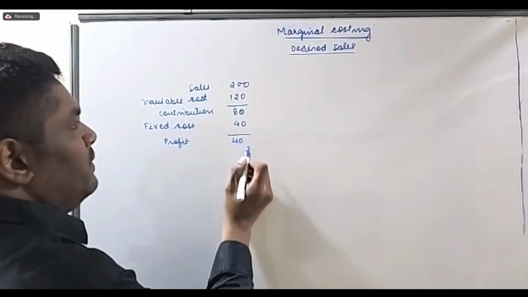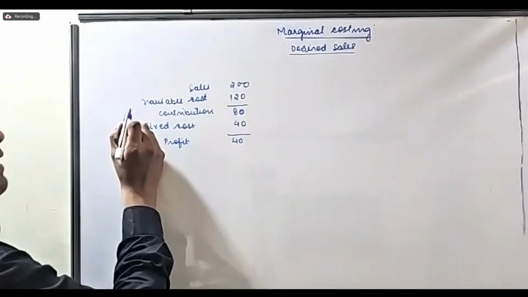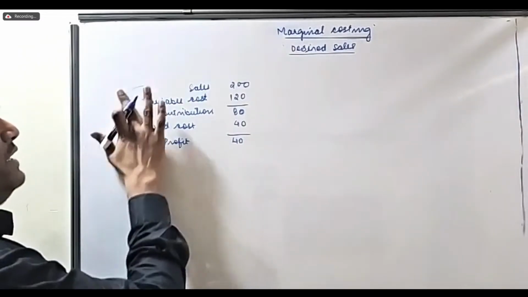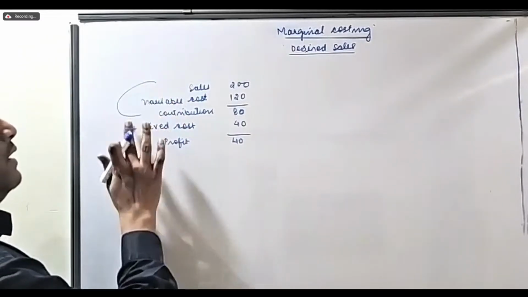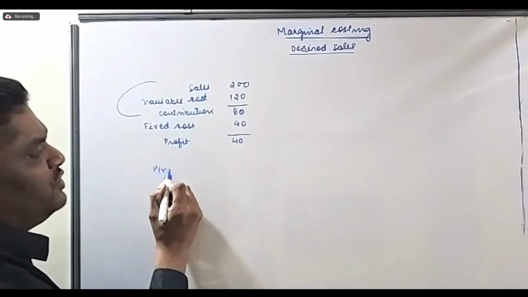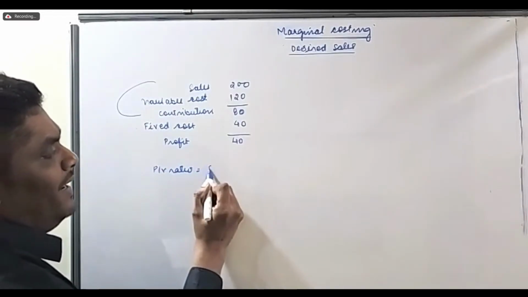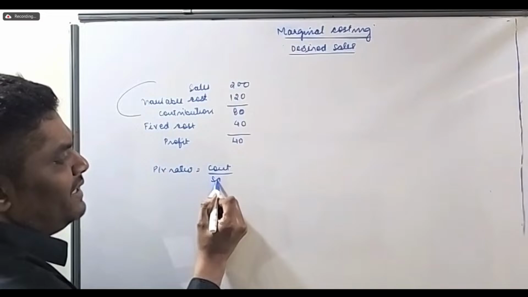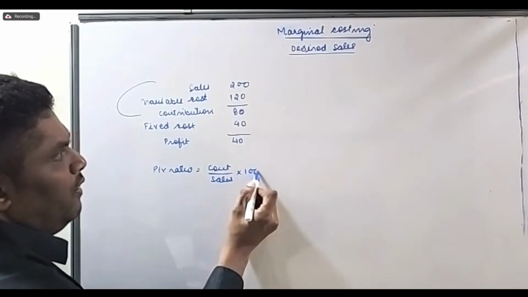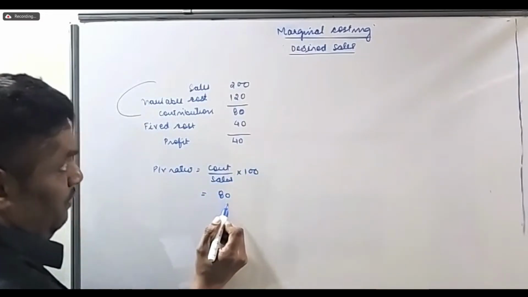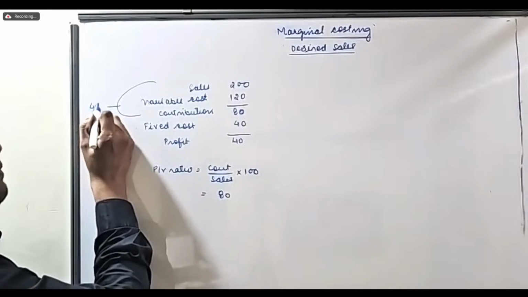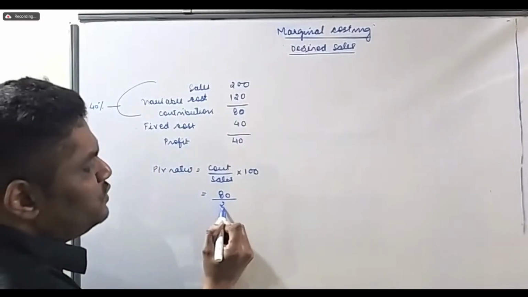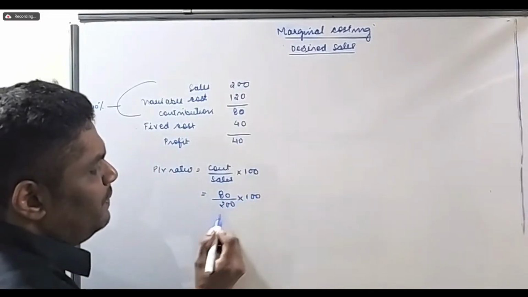Therefore, my profit will be 40. The percentage of contribution to sales is what we call PV ratio. That is contribution divided by my sales into 100. So my contribution is 80, my sales is 200, into 100, so this will be 40%.